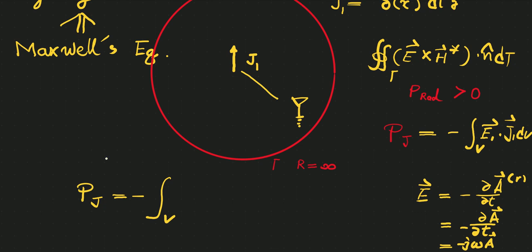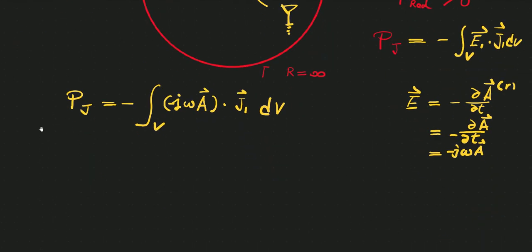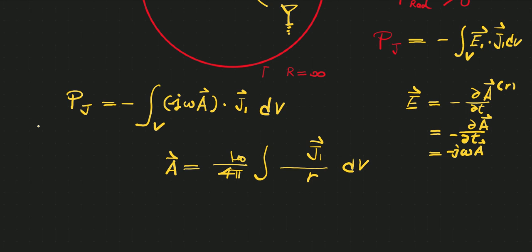J omega A. So here has a J omega A, J1, J1. Let us calculate A. A equals this.